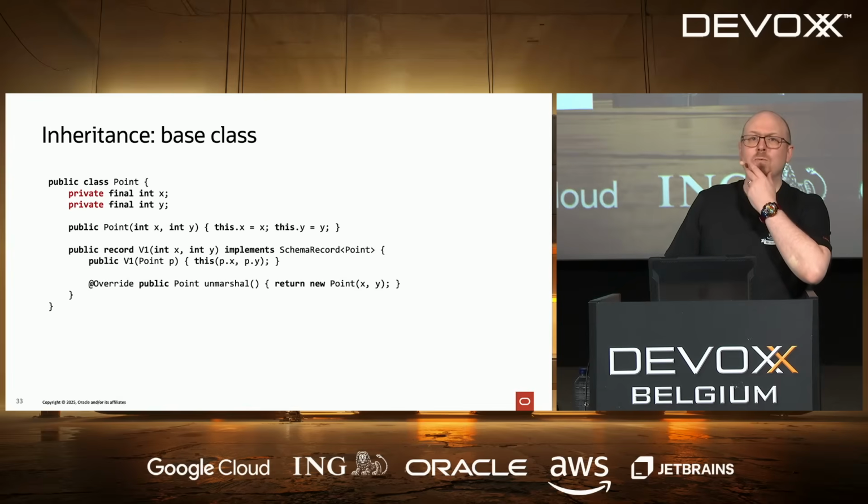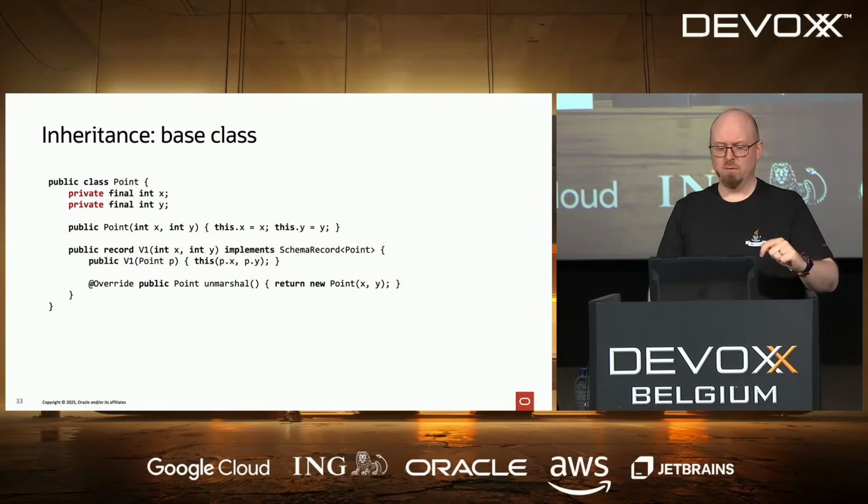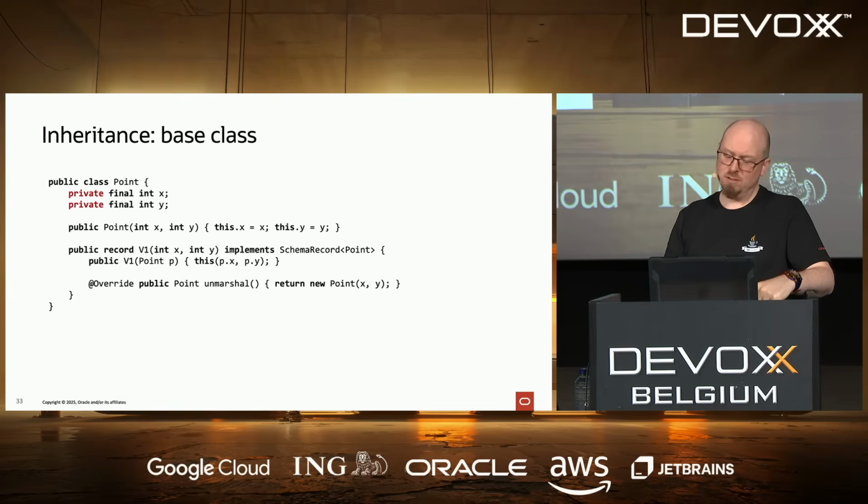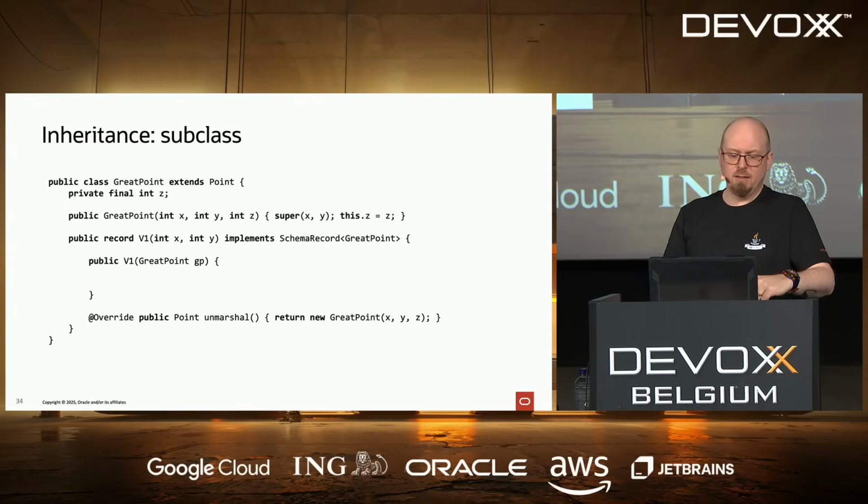And also, how does this work with inheritance, right? So if I want to extend a class, so let's say that we have a point, but its fields are now private for some reason, and we have a schema record for this type, and we want to create an even better version of point that extends point.